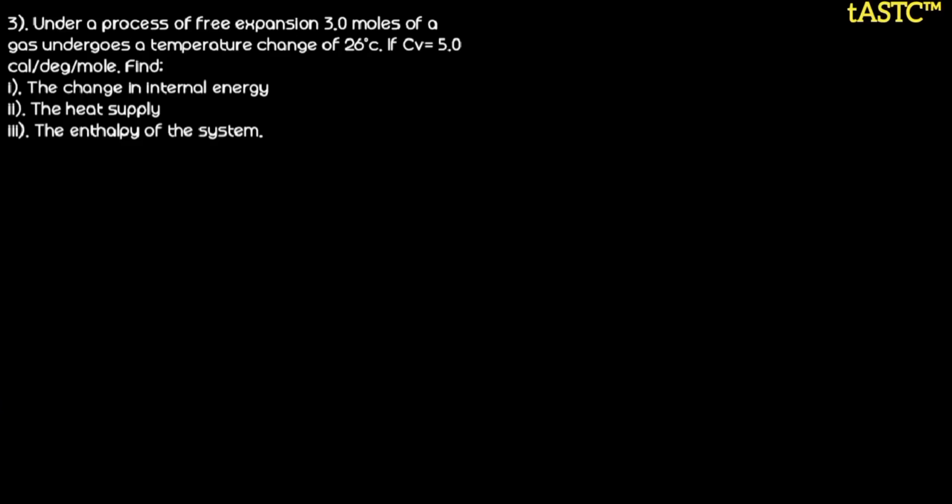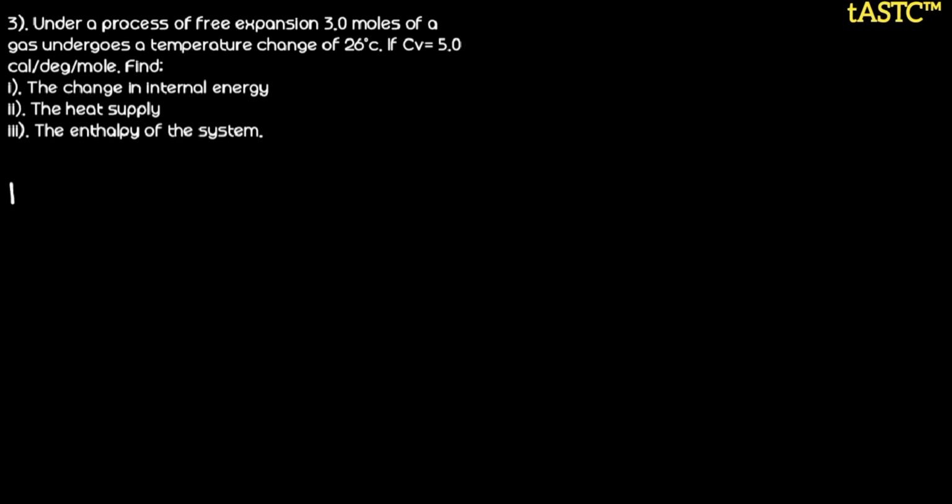Now here is a third question. Under a process of free expansion, 3.0 moles of a gas undergoes a temperature change of 26 degrees Celsius. Now if CV stands for the heat capacity at constant volume, and CV is equal to 5.0 calories per degree per mole, then we are required to find out the change in internal energy, the heat supply, and the enthalpy of the system.